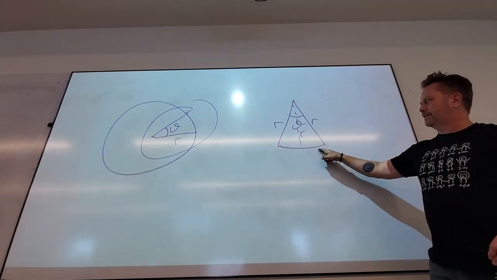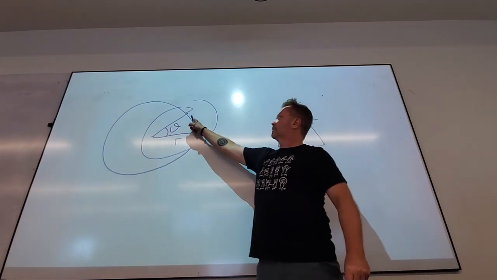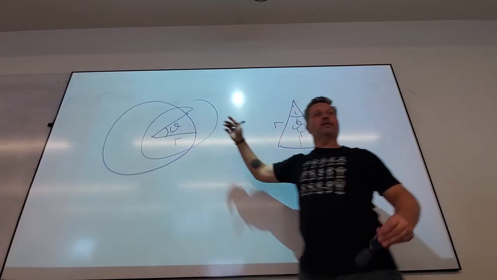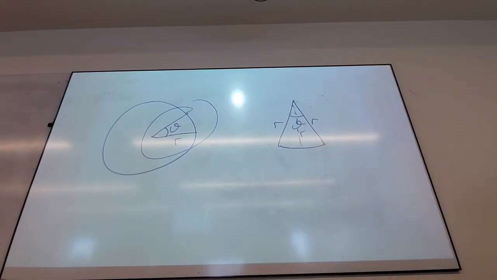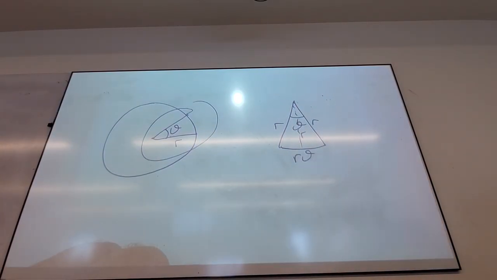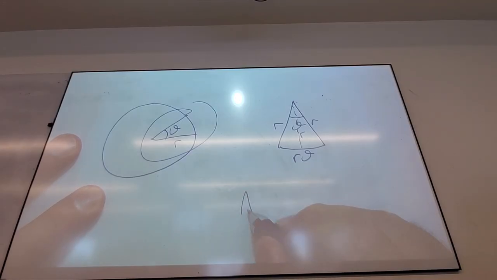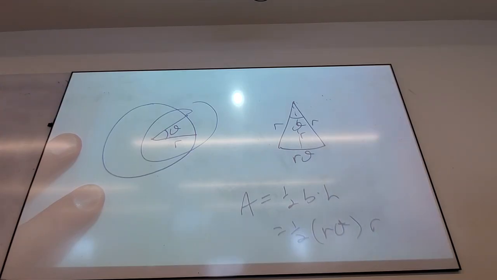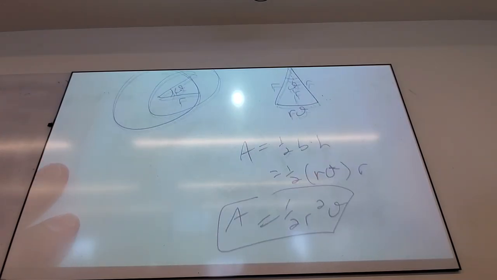Remind me, how long is this? R theta, yes? Okay. I'm going to cut to the chase. If I pretend this is a triangle, what would its area be? 1/2 base times height, yes? What's the base? R theta. What's the height? R. So 1/2 R squared theta. That is the formula. That is actually it.